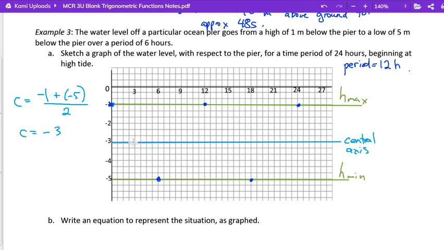We can safely say that at 3-hour intervals, at 3, 9, we will hit the central axis: 3 hours after high tide, 3 hours after low tide. Okay, and now let's try to get a nice curve in there.